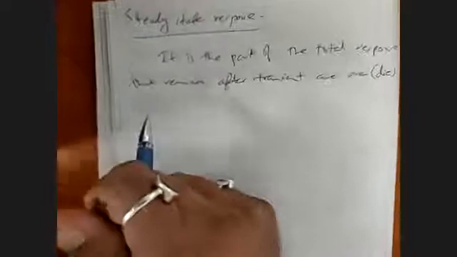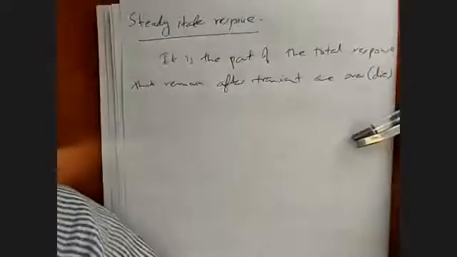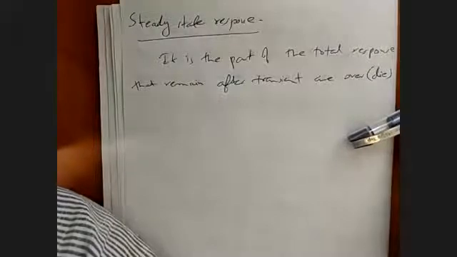It shows as t tends to infinity. The steady state response is simply that part of the total response that remains after the transient has died out.